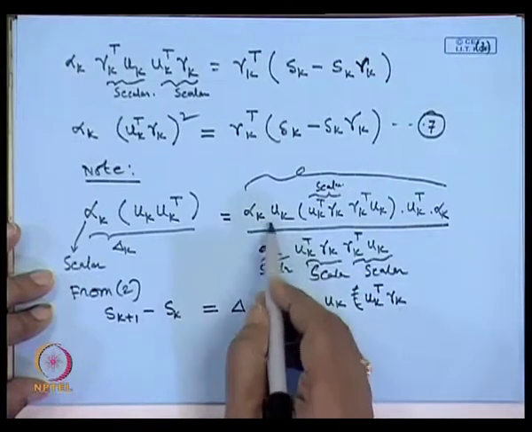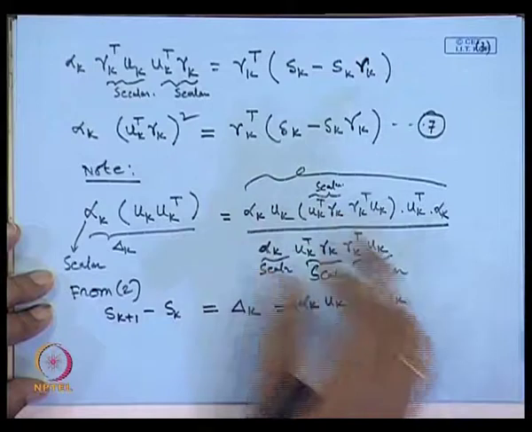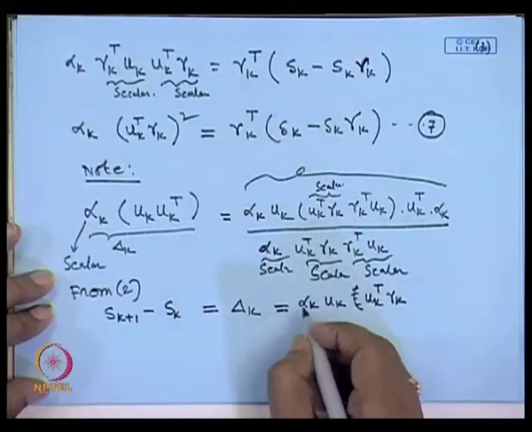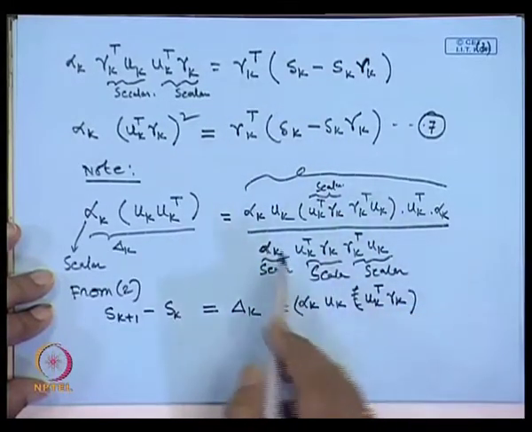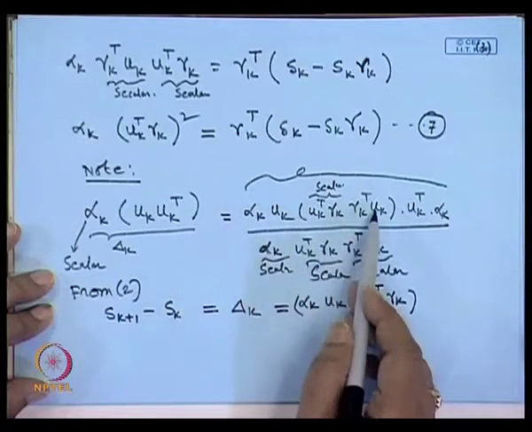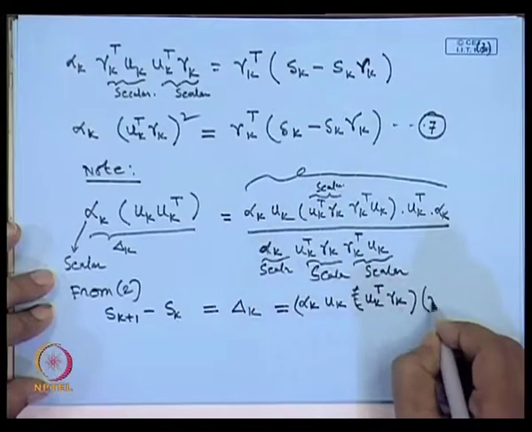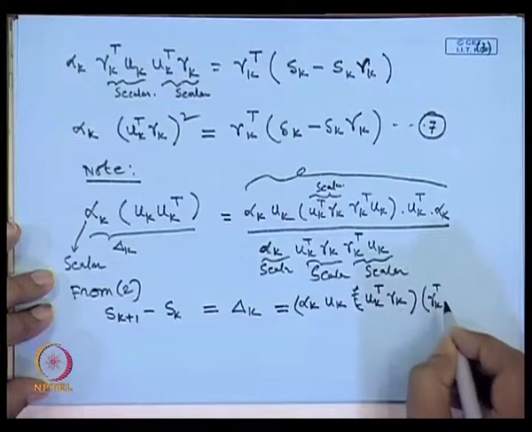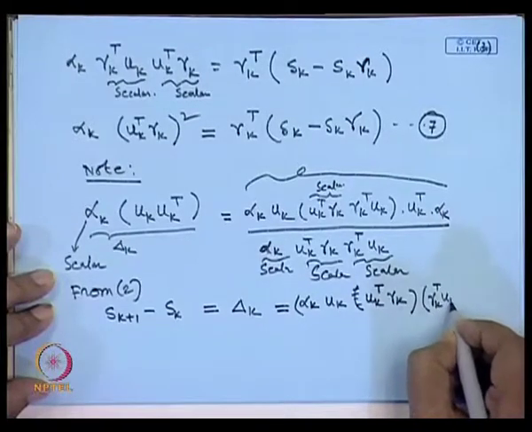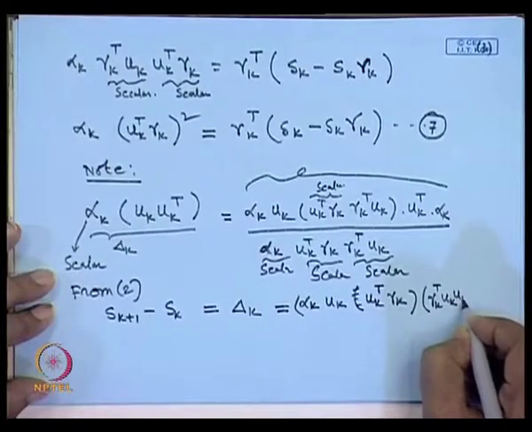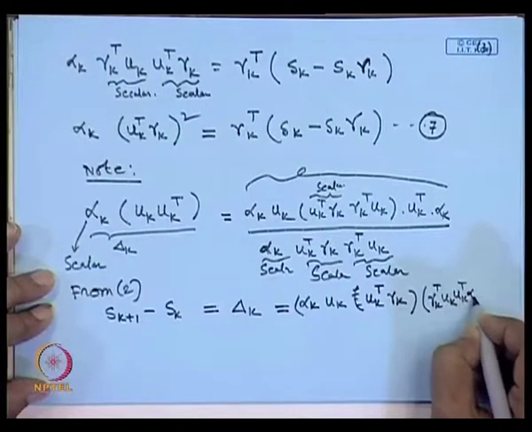So, these four quantities together I am writing, up to this I have written. Remaining, I am writing gamma k transpose u k transpose alpha k.